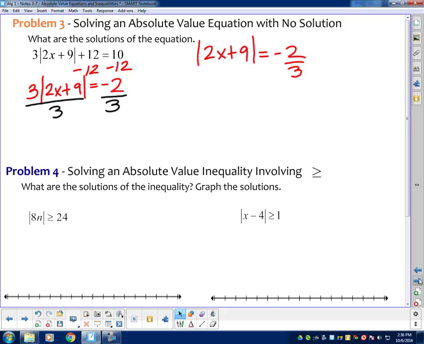It can't be negative. So in this case, when we end up with a negative on this side initially, we can't handle it. Then in this case, we have no solution. And it's because of this negative right here.